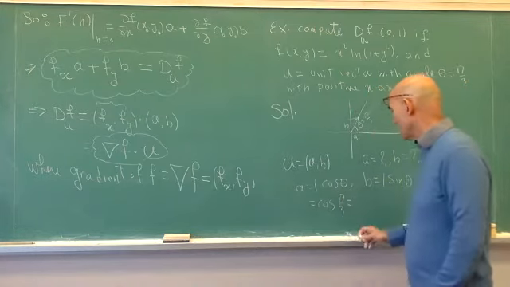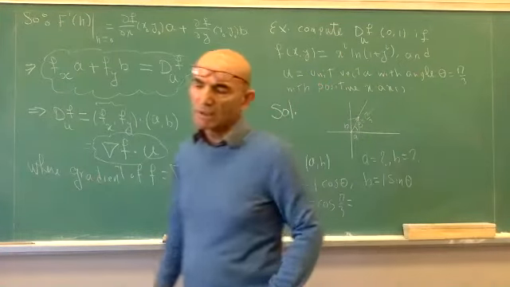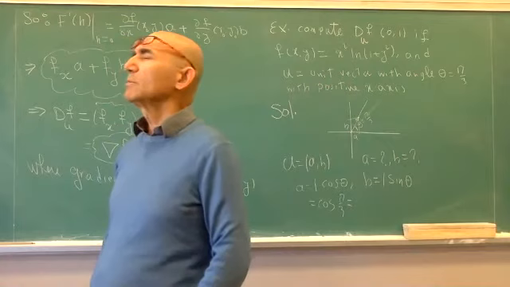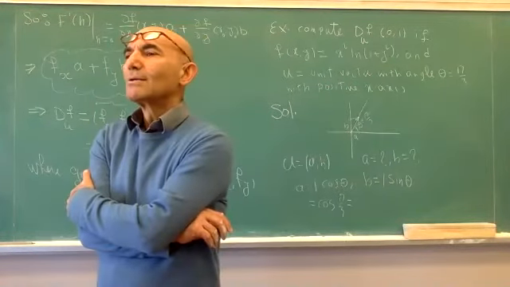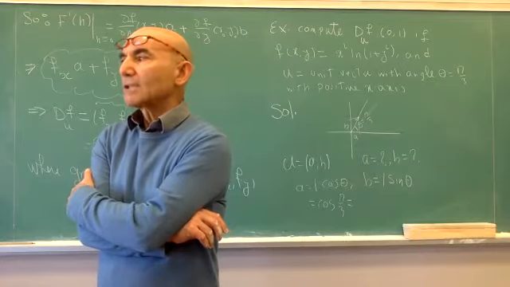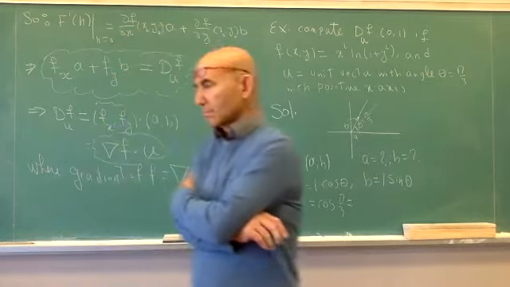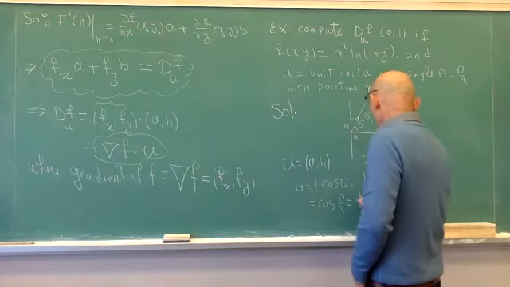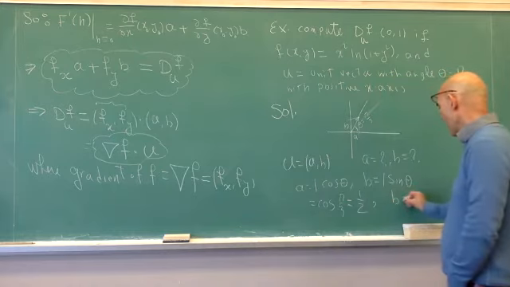What is cosine of pi over 3? That's a 60 degree angle, right? Do you remember what it is? 1 over 2. Yeah, that's the sine of 30 degrees, which is 1 over 2, so that's 1 over 2. And what is b?